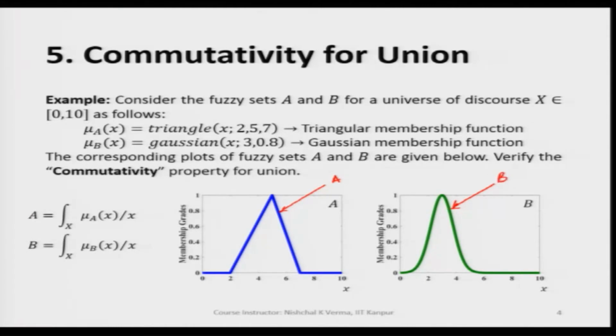So, we call this as B fuzzy set. So, now let us see whether A union B is equal to B union A or not.